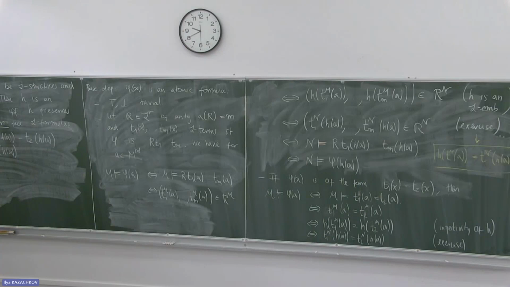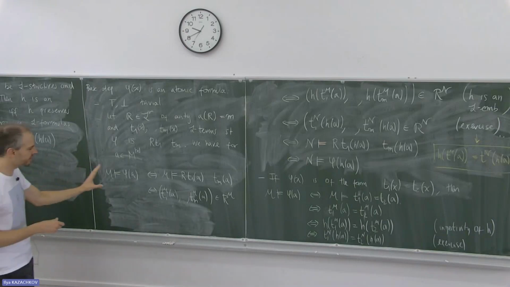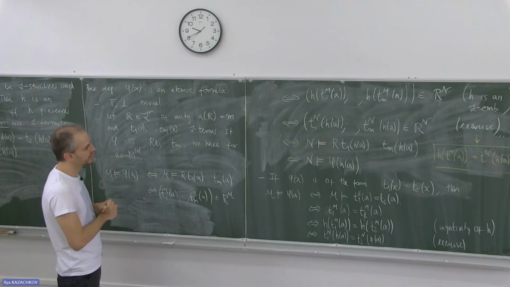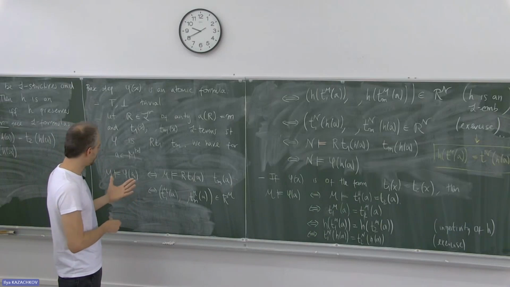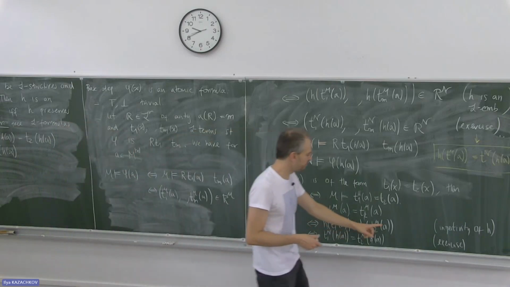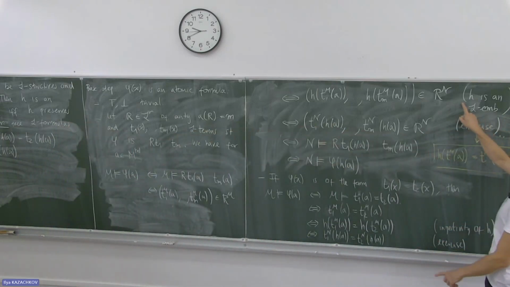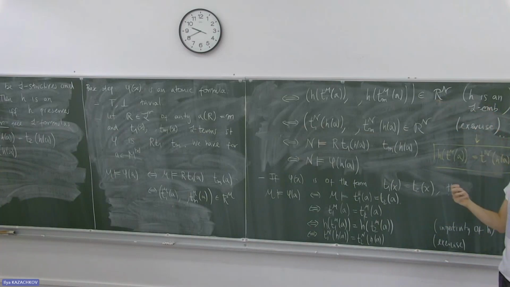Now we need to prove it for conjunctions and negations. This is easier. So here we use really everything about being an embedding, right? We used the injectivity of the embedding. Here we used this fact about the relation of the embedding. And concerning the functions, this is kind of hidden in this exercise that you need to do.